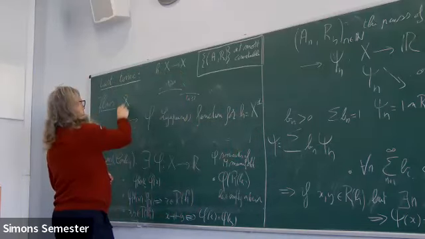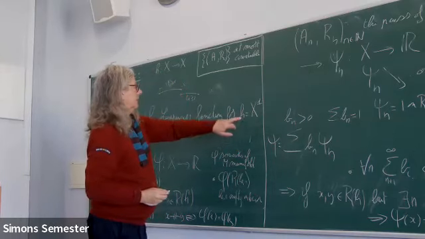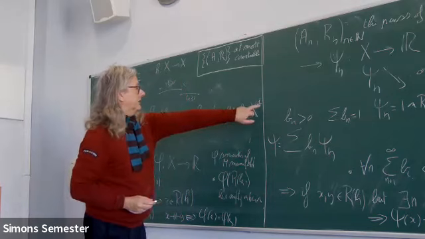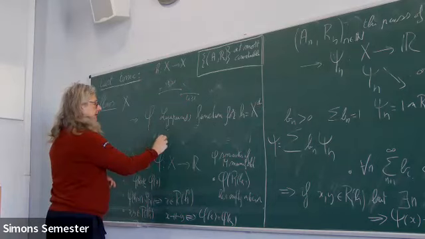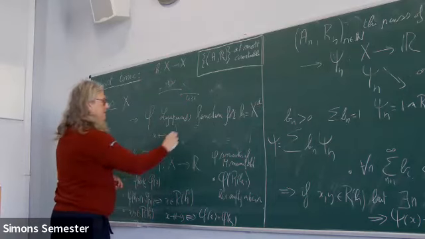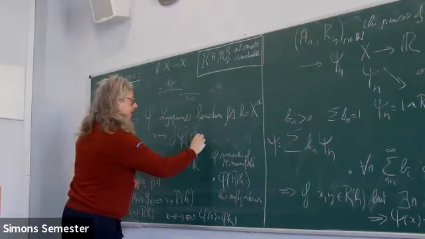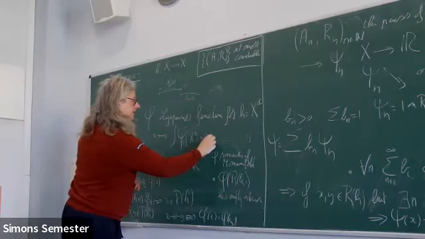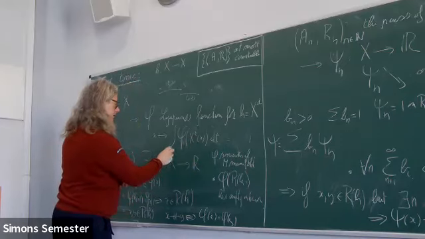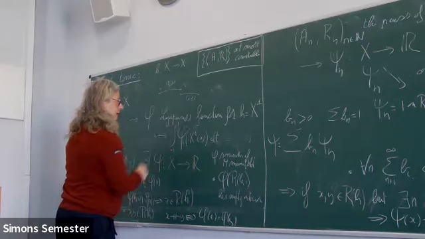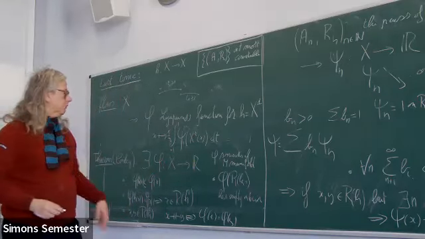X^t is your flow, so you look at its time 1 map, and you look at the Lyapunov function for it. Now, to a point x you associate the integral of phi of X^t(x) dt from -1 to 1, and let's say 1/2 if you want it to go from 0 to 1.